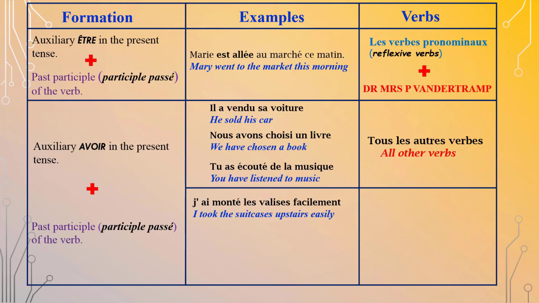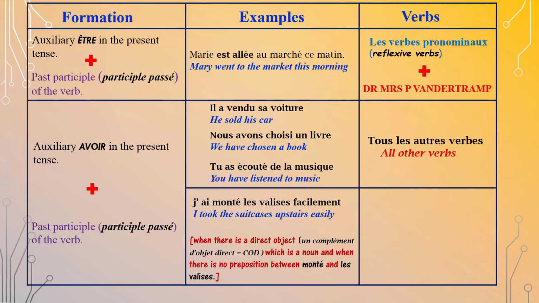So when there is a direct object, complément d'objet direct, which is a noun, and when there is no preposition between monter and les valises, the 6 verbs are descendre, monter, retourner, rentrer, sortir, and passer.